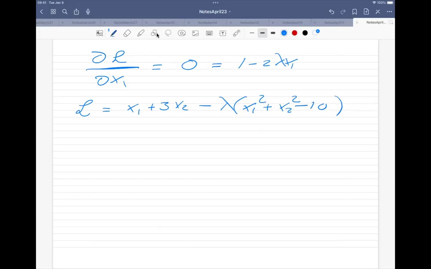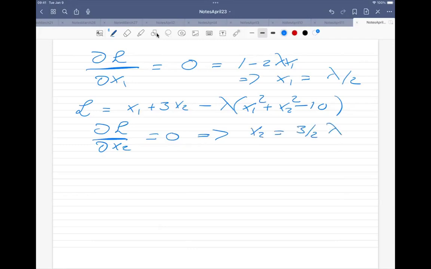And this is the function whose derivatives we are actually going to calculate. So if I do this one, I find that x1 is equal to lambda divided by 2. If I do the same thing with x2 here, that is going to give us that x2 is 3/2 times lambda. And then finally, I need to take the derivative with respect to lambda and put that one to 0. And that is going to give me, obviously, that x1 squared plus x2 squared is equal to 10.